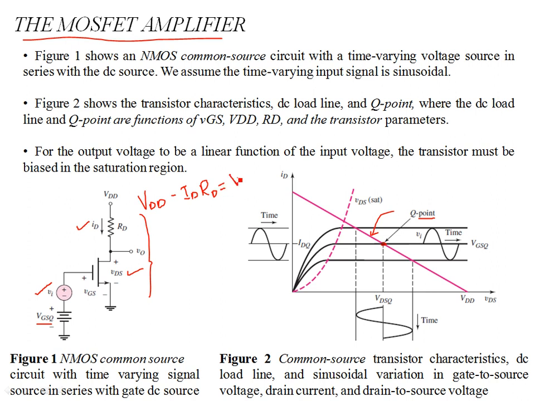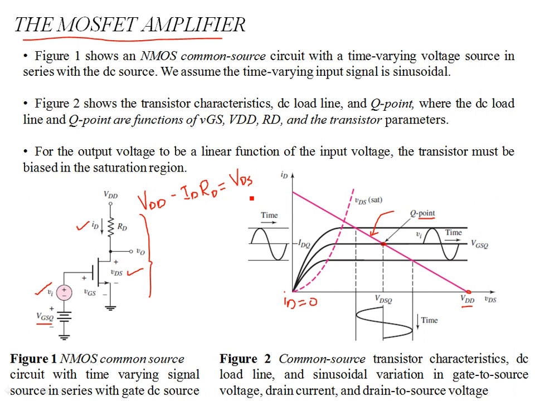These are all DC quantities. Now notice that when this VDS becomes equal to VDD, then your current is zero. So when VDS is equal to VDD, the current ID is zero. That's one point on the IV graph.